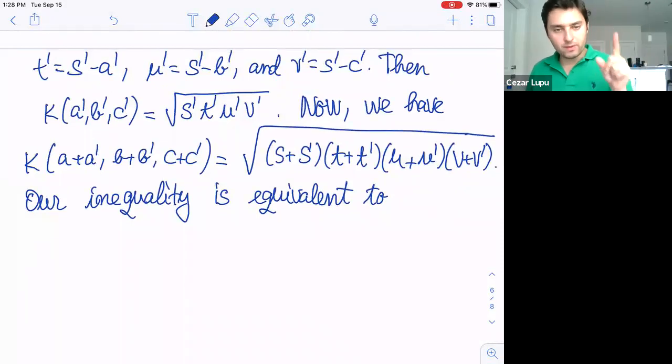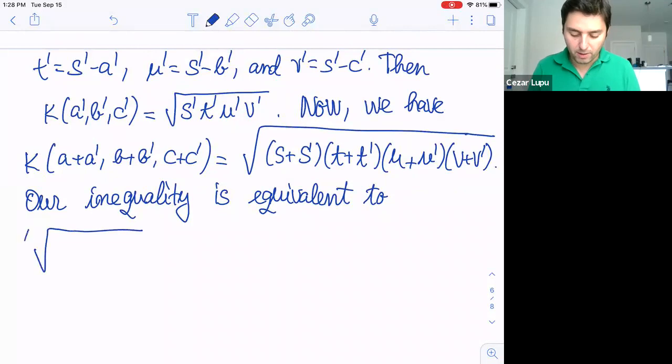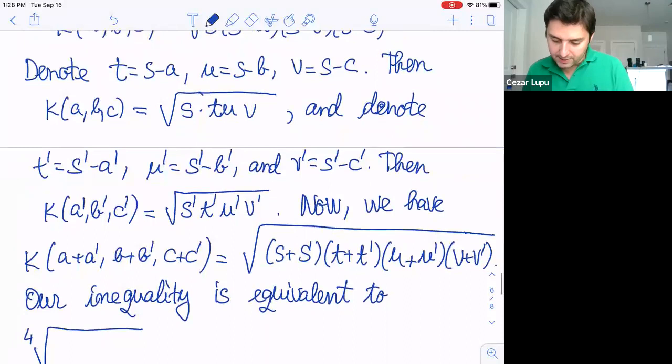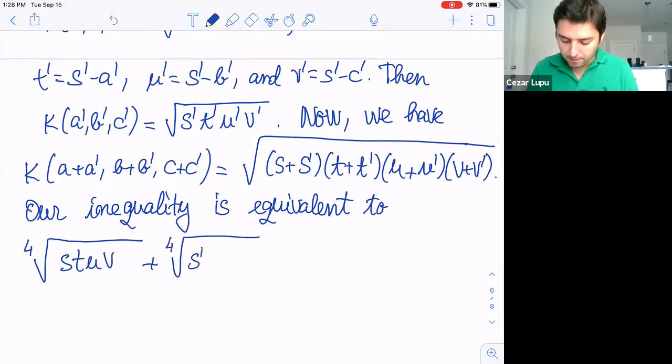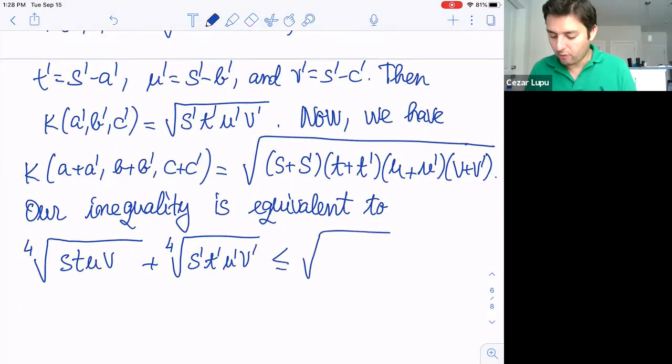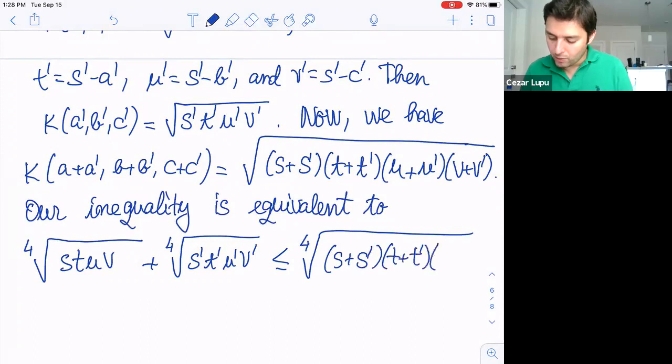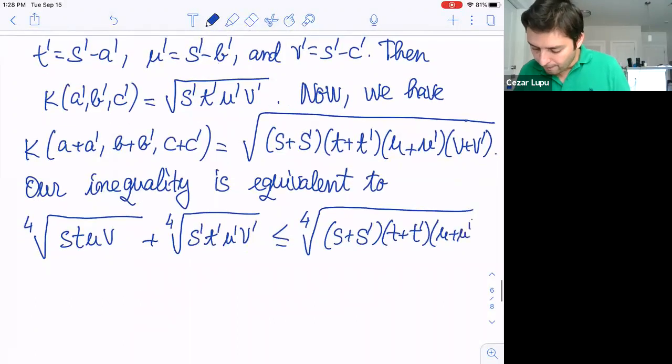To prove that the square root of this will be equivalent to the following: the fourth root, because it's the square root of the square root, of STUV plus the fourth root of S prime T prime U prime V prime is less or equal than the fourth root of S plus S prime, T plus T prime, U plus U prime, times V plus V prime.